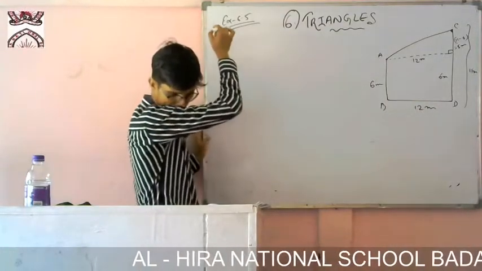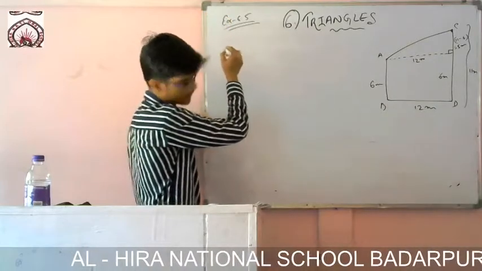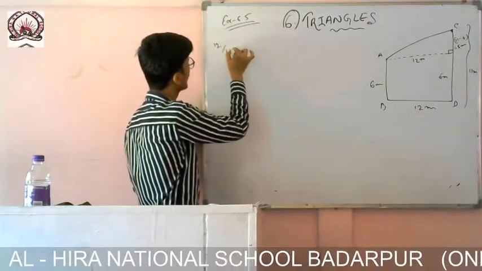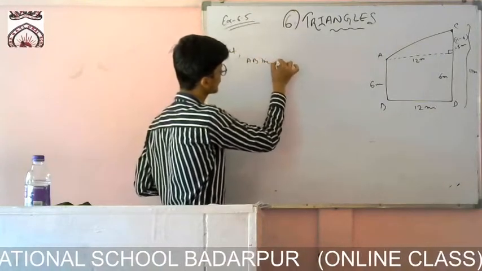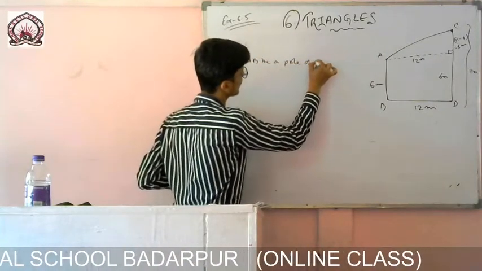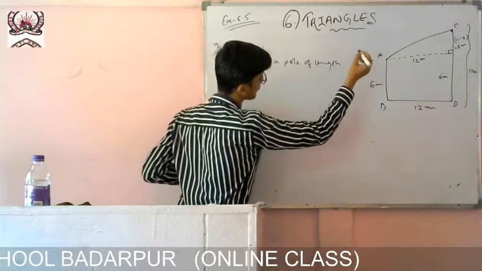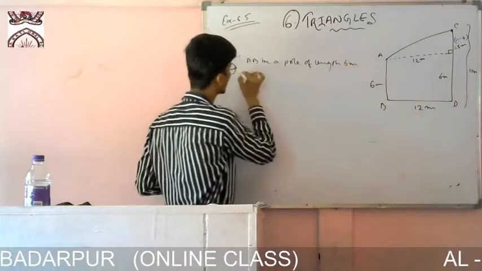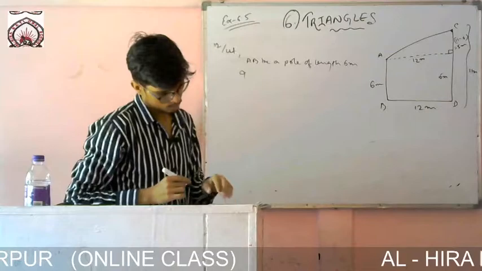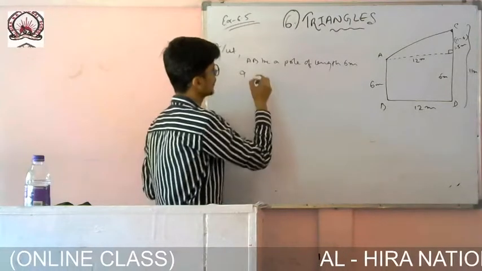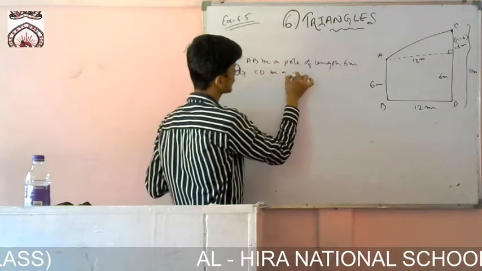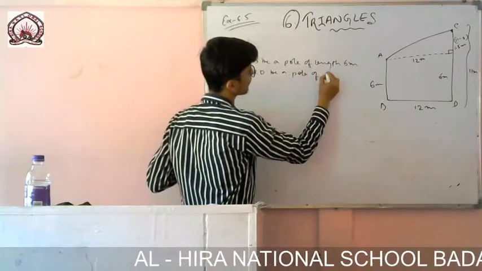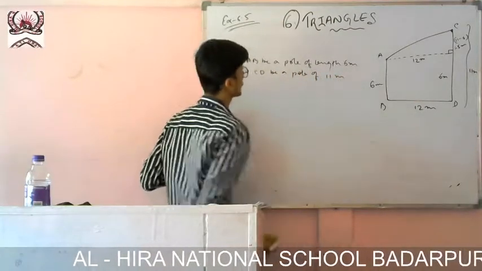So question number 12. Let AB be a pole of length 6 meter and CD be a pole of 11 meter.